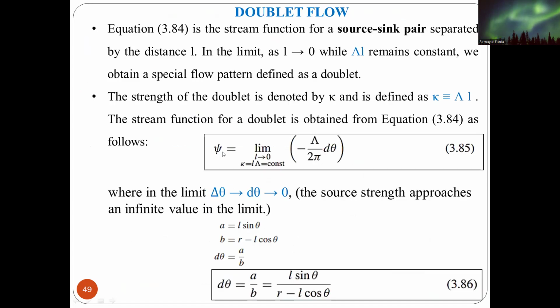Okay, so psi is equal to the limit as L approaches 0 and K, K is just L times the source strength. The strength of the doublet flow is denoted by K. So now for the doublet flow, we use that kappa. You can call it kappa. So kappa is the source strength times L, which is constant. So that limiting case helps us to determine d theta.